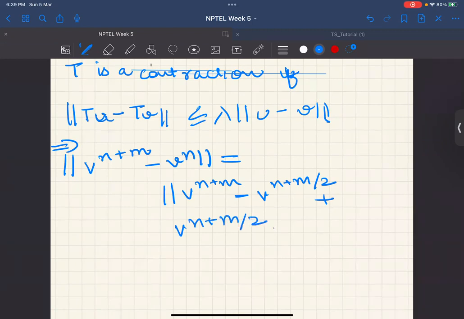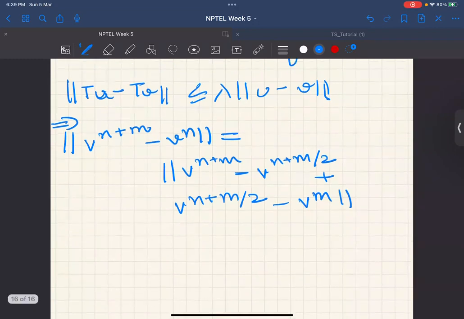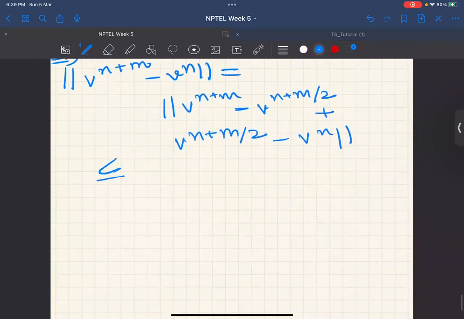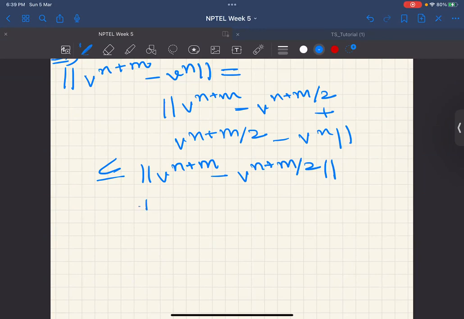I have just added n plus m by 2 and subtracted n plus m by 2. Yes, we can do that. Now applying triangular inequality. Is it correct? Yes, correct.